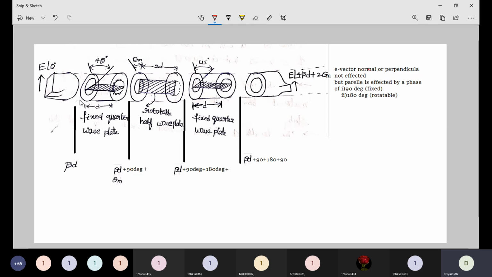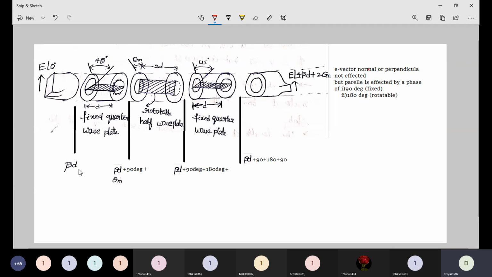Soon after, when the wave enters this waveguide, if it enters perpendicularly, then the wave is not going to have any phase shift. But if the wave enters in parallel to this fixed waveguide, then the wave is going to have a phase shift of 90 degrees.